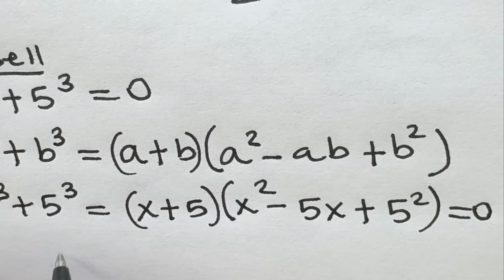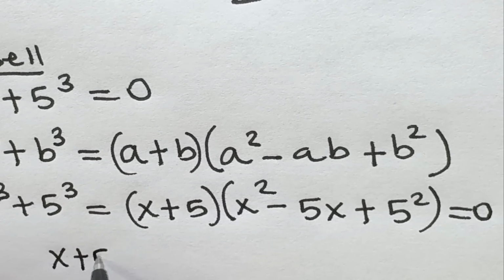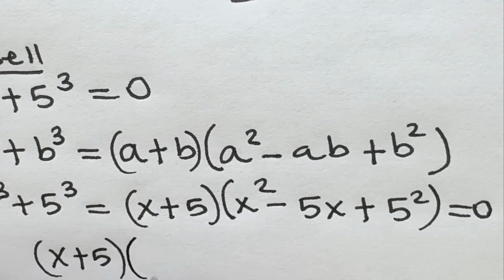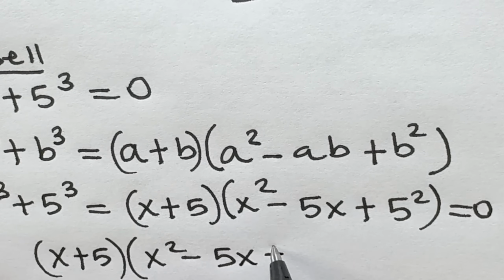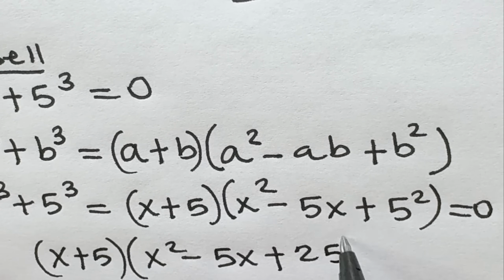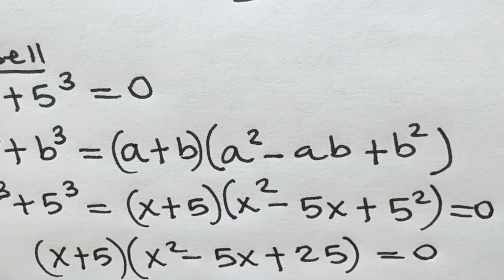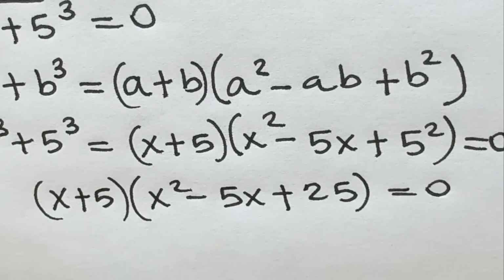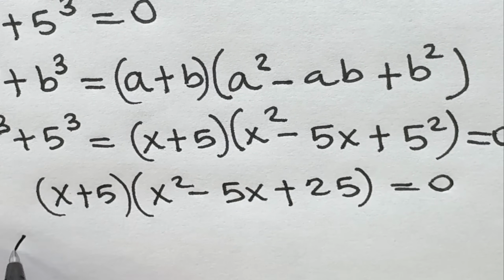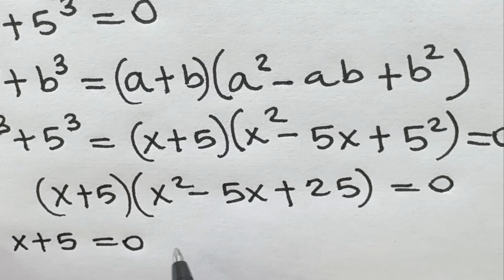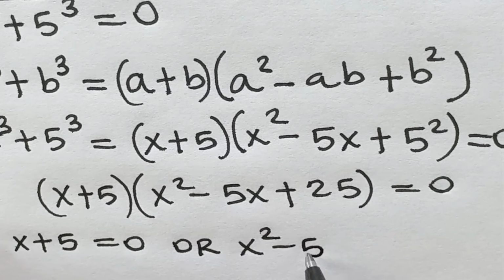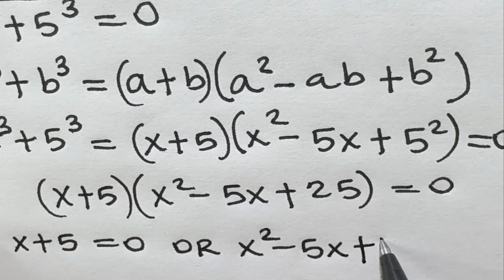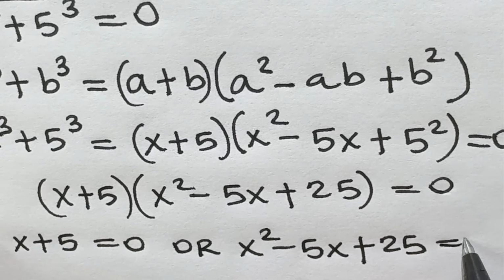So we have x plus 5 into x squared minus 5x plus 25 is equal to 0. This will mean that x plus 5 is equal to 0, or x squared minus 5x plus 25 is equal to 0.